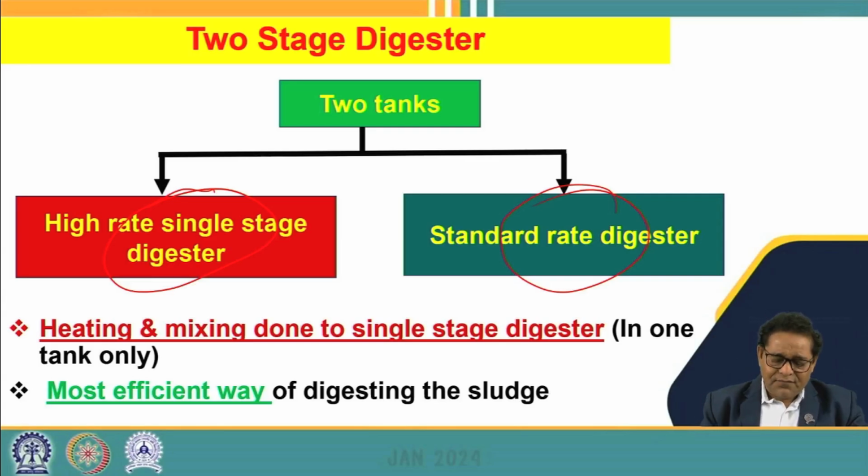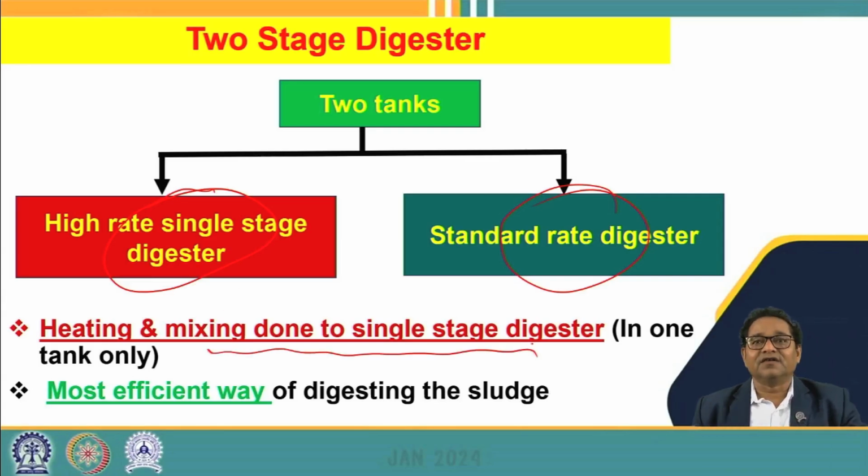The heating and mixing are to be done in the single stage high rate reactor, but in the standard rate digester, heating and mixing are not carried out. So it is basically a hybrid system of the two types of reactor, which results in the most efficient way of digesting the sludge, and becomes more economical and more efficient.